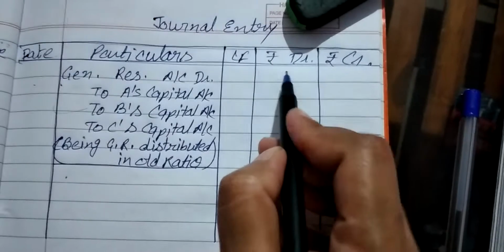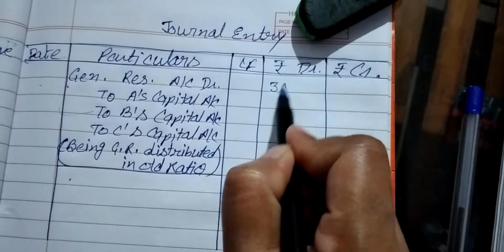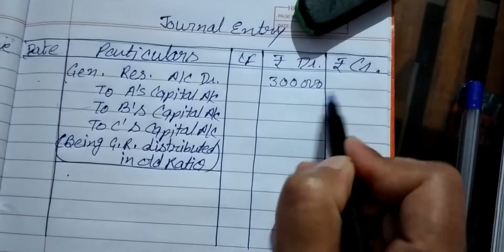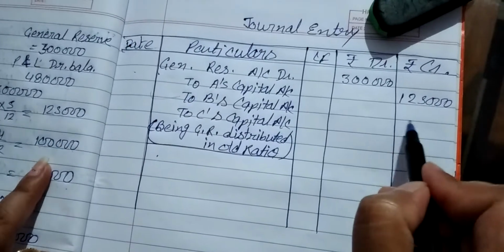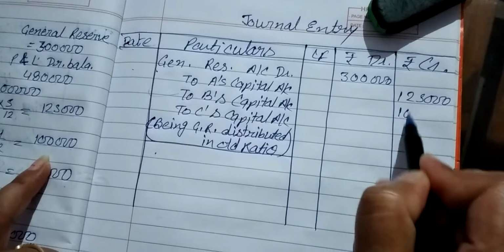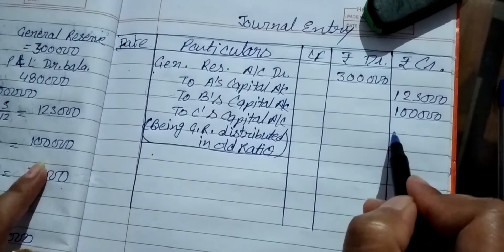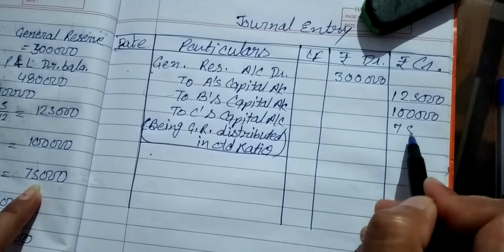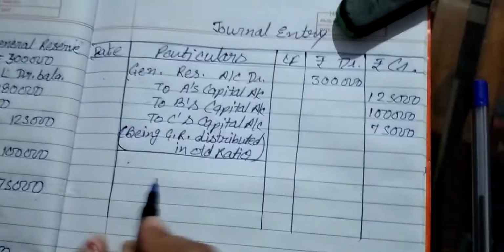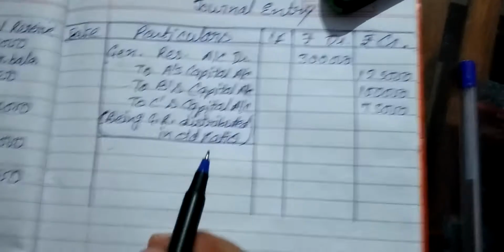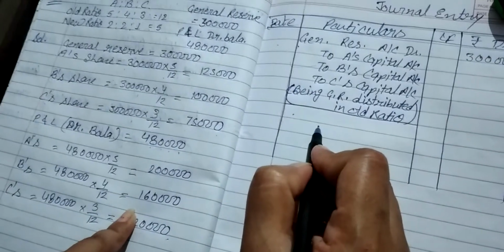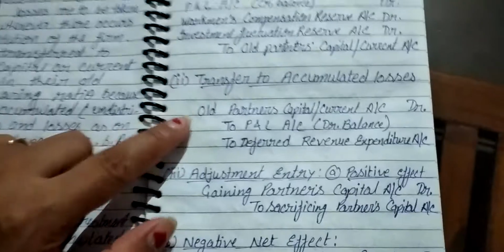The amount of general reserve is 3 lakh. A's share of capital is 1,25,000, B's share of capital is 1 lakh and C's capital account is 75,000.